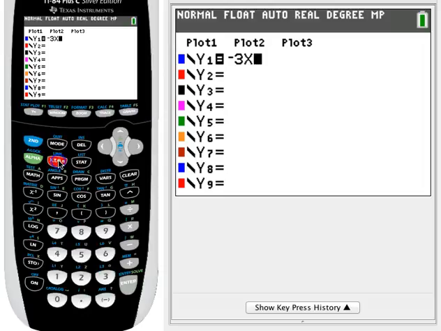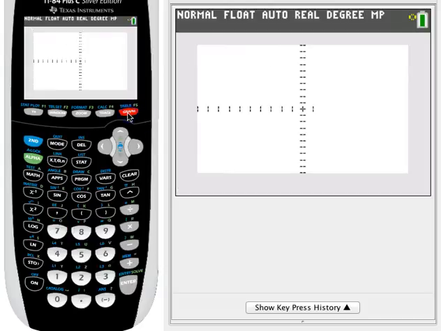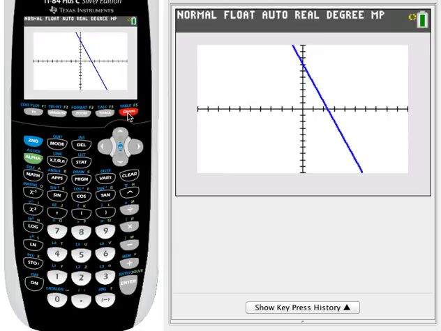Now, notice where I'm pressing for the x. That's where you always go when you're graphing. That is your variable for your graph. So know that button. Then plus 7. So you just type it in as you see it, then hit the graph button, and there you go.